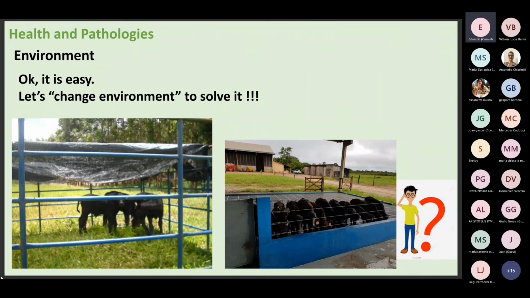In the other area, you can see a very modern curral for buffaloes, excellent structure, but all that became infected sometimes, and we need to understand what the correct practices of hygiene are to reduce the infection of the environment.